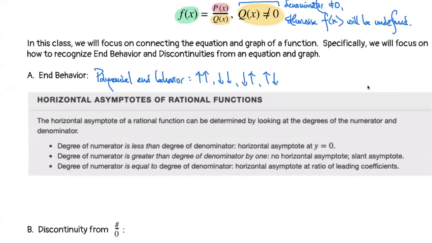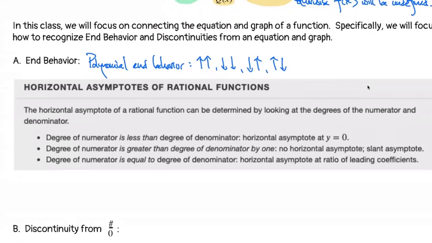When we're combining 2 polynomial functions by division, finding that ratio, it turns out we're going to have some other choices for end behavior. In particular, we can break these down into 3 choices. One thing we're going to make sure we know how to do is look at the degrees. How do we find the degree of the numerator and the denominator?